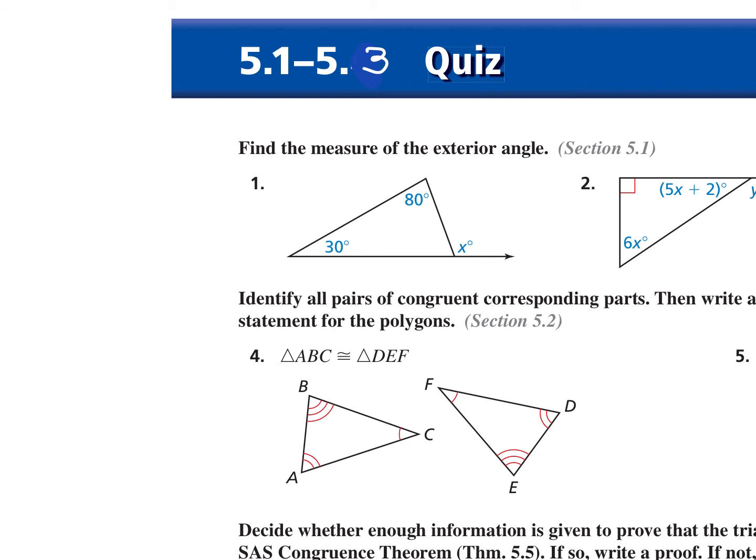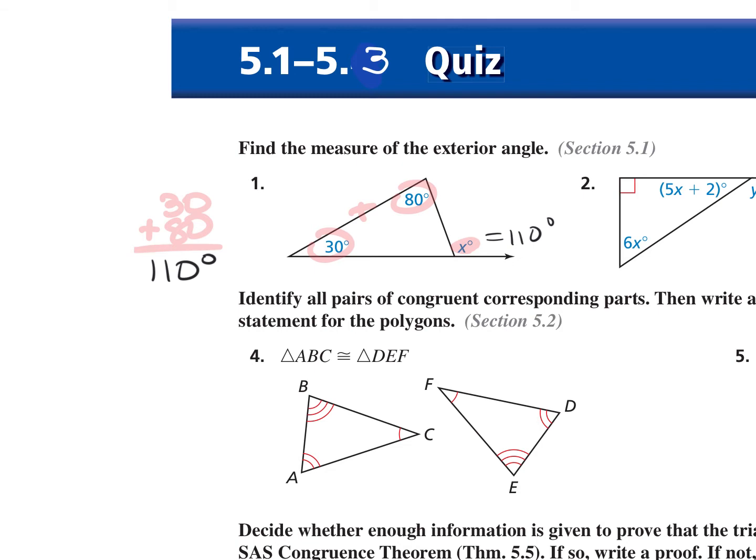What that theorem states is the measure of this exterior angle is equal to the sum, meaning adding, the two remote non-adjacent interior angles. I'm going to just add 30 plus 80, and angle x equals 110 degrees.